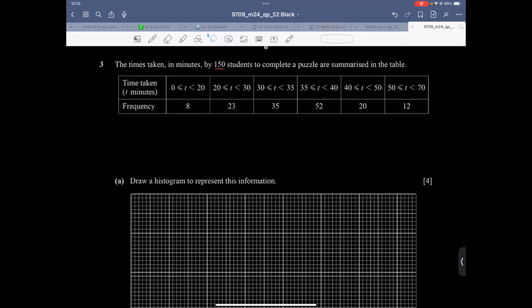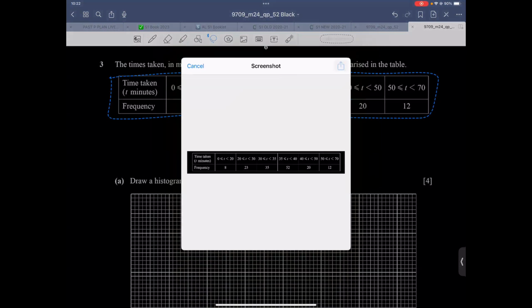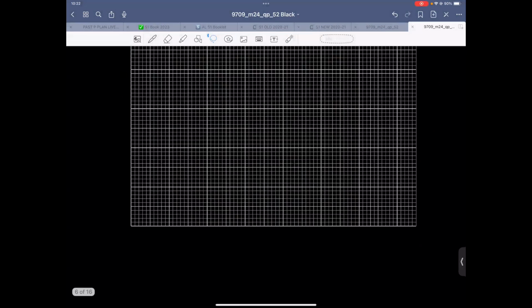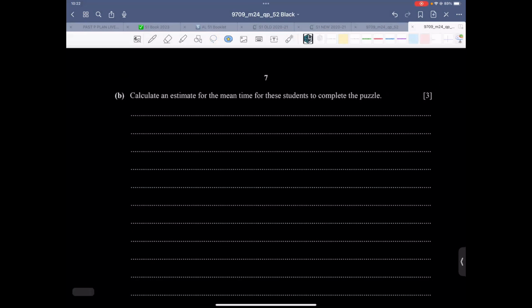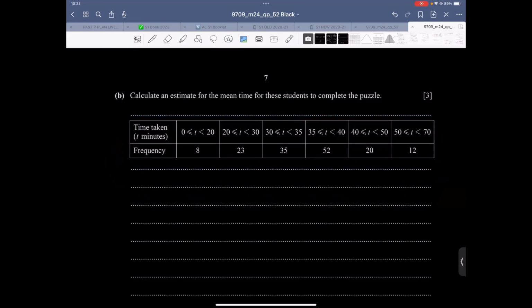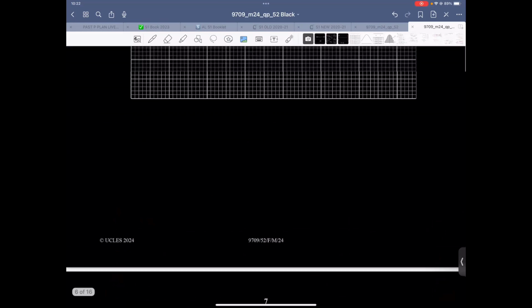Now, before that, let me just do one thing. Let me take a screenshot of this table, and let me save it as an image, and I'll be using it over here. So it will be easier for me to have a look. So there is the table right over here. Okay, going back to this.